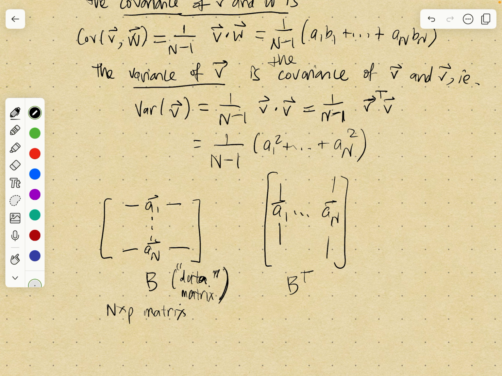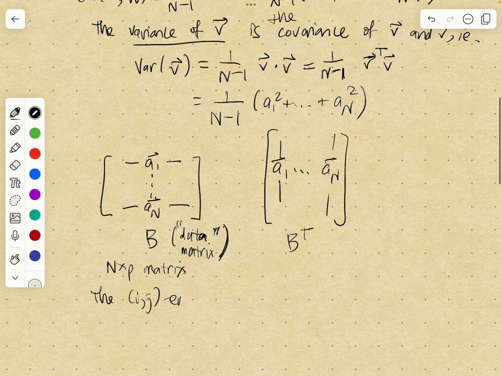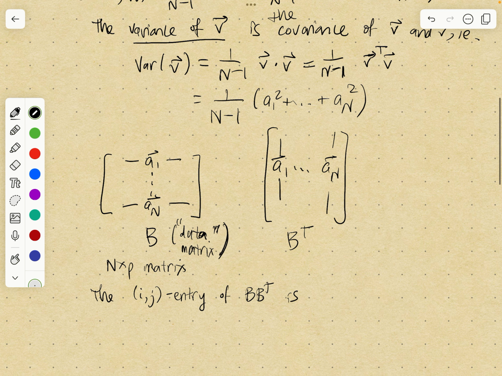And now what happens when you look at the IJ entry of B times B transpose? It's just row I dotted with column J of B transpose, right?